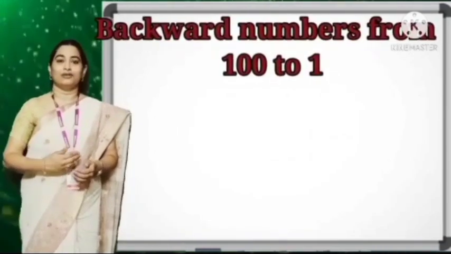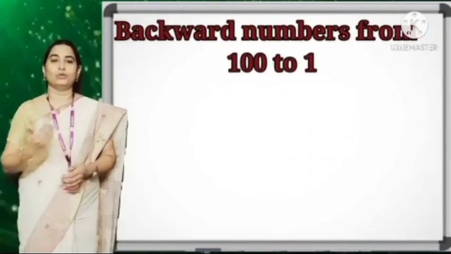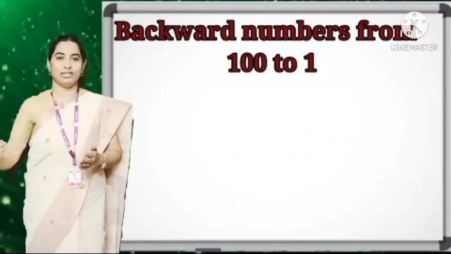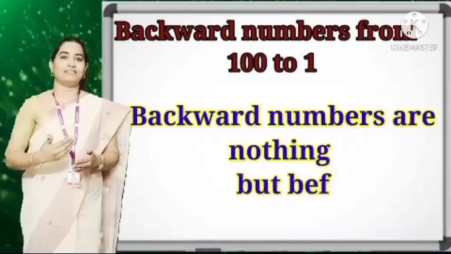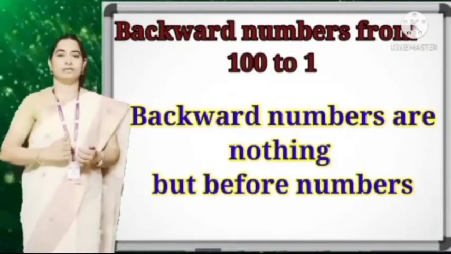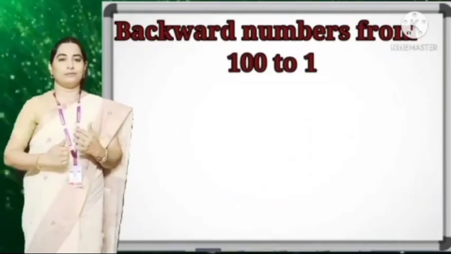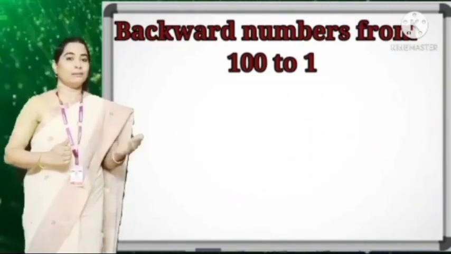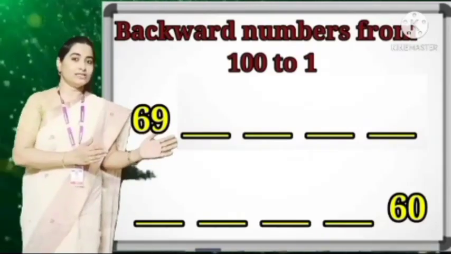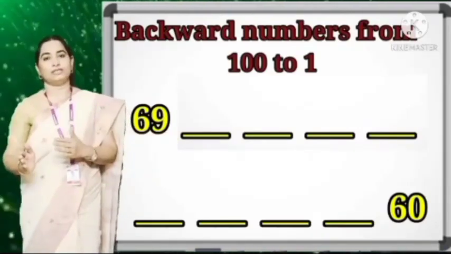Backward numbers from 100 to 1. Now children, we are going to find the backward numbers. Backward numbers are nothing but before numbers. For example, we need to find the numbers between 69 to 60.